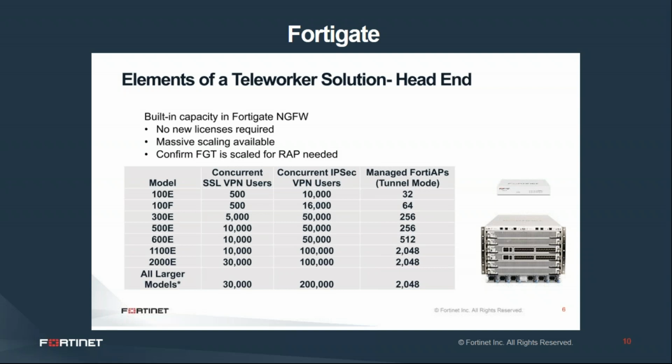We chose some examples here to show you how the ability to manage tunneled remote access points ramps up as you go from our medium size up to our largest FortiGates. For example, FortiGate 100E can manage 32 remote access points, a FortiGate 300E 256, and as you see, it ramps up from there.